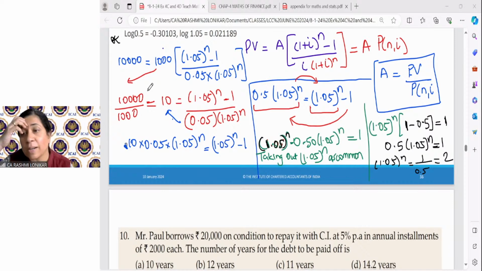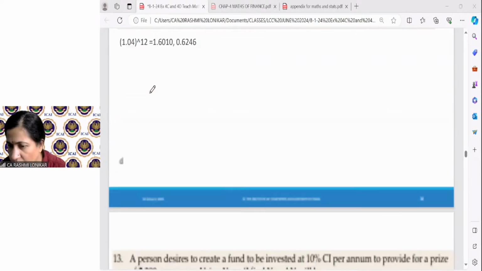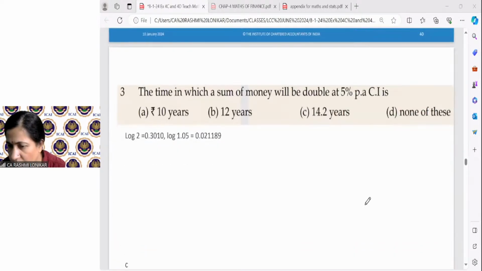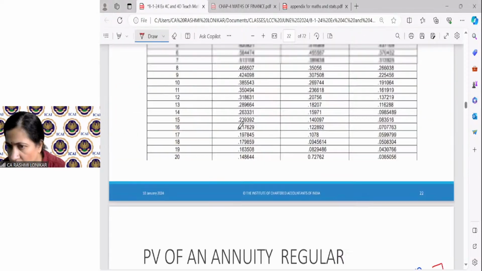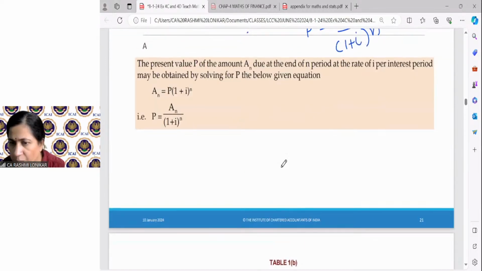So it's not lengthy. It looks lengthy because I'm trying to explain it to you. Otherwise, this whole thing can be done very easily. Let me take this example.